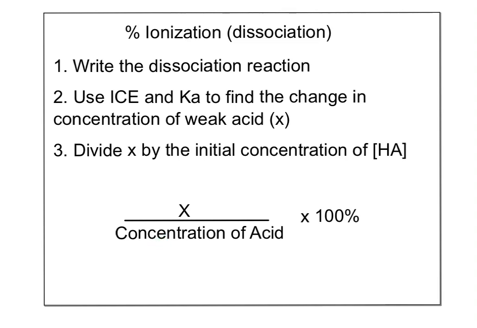That will tell us what percent of the acid popped off. Notice this equation is the same as the 5% rule. And what it's useful for is that it tells us what percent of the acid dissociated or ionized.